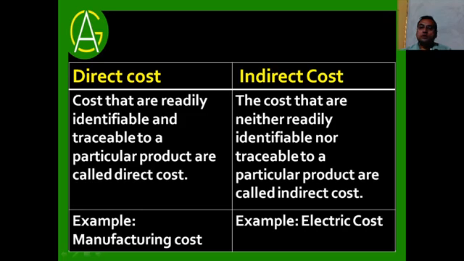So the costs which can be identified and traced are considered as direct cost, but the costs which cannot be identified or traced are considered as indirect costs. Examples: manufacturing cost is a direct cost, and electricity cost is considered as an indirect cost.